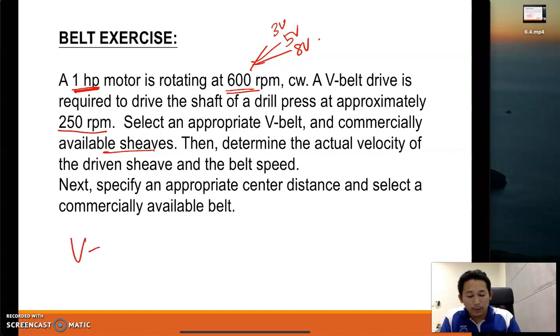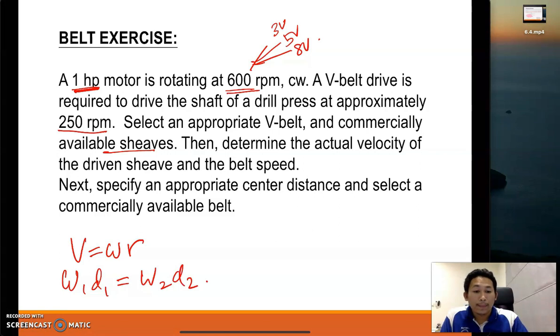So V equals omega R, and then we have omega 1 D1 equals omega 2 D2. Okay, and then you need to calculate the L and also the C, so we can have the length of the belt that is available in the market.